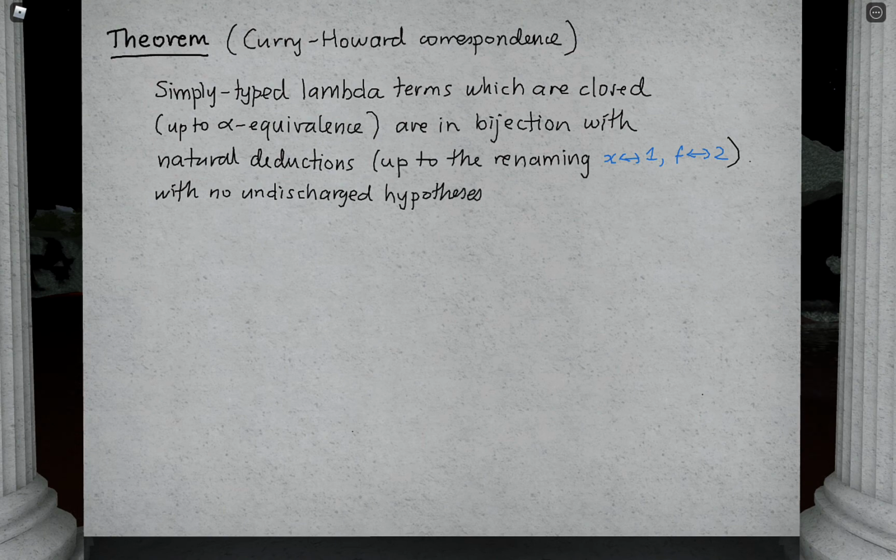And the process of making clear to ourselves what it means, what the list of undischarged hypotheses means, and how you manage that actually is the proof, properly understood. So we don't really have time to get into the proof now, but you've kind of seen the idea.